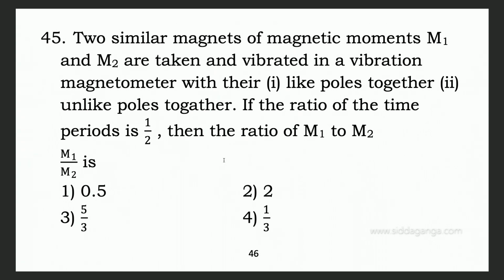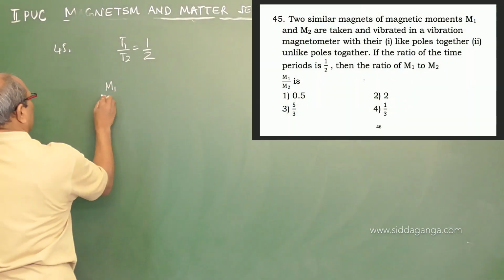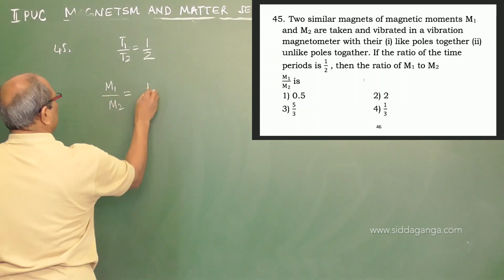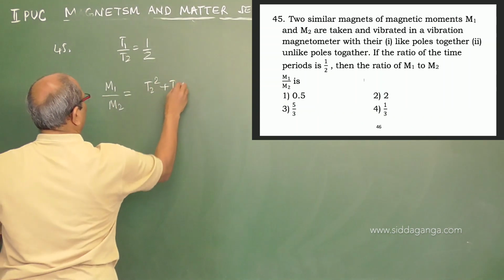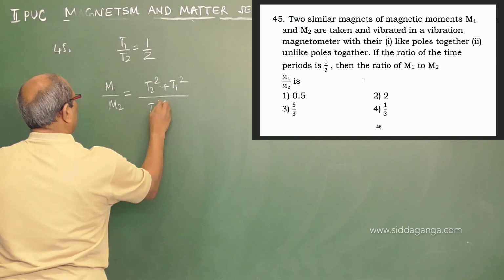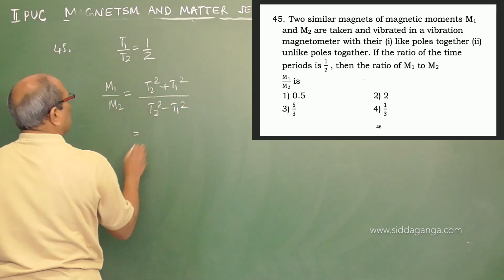Two similar magnets of moments M1 and M2 are taken and vibrated in a vibration magnetometer, like poles together and unlike poles together. If the ratio of the time periods T1 by T2 is 1/2, then the ratio of moments M1 by M2 in terms of periods is T2 square divided by T2 square minus T1 square.